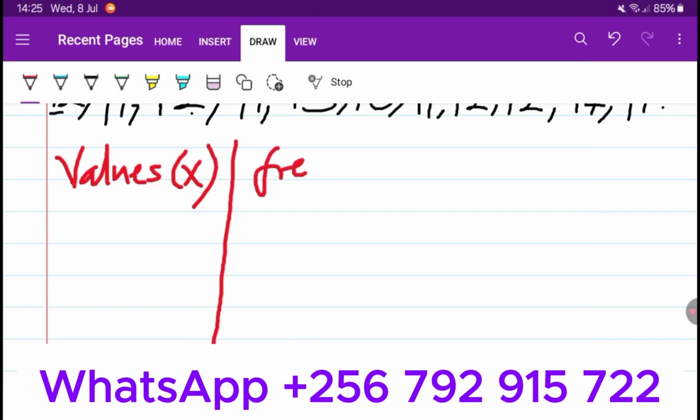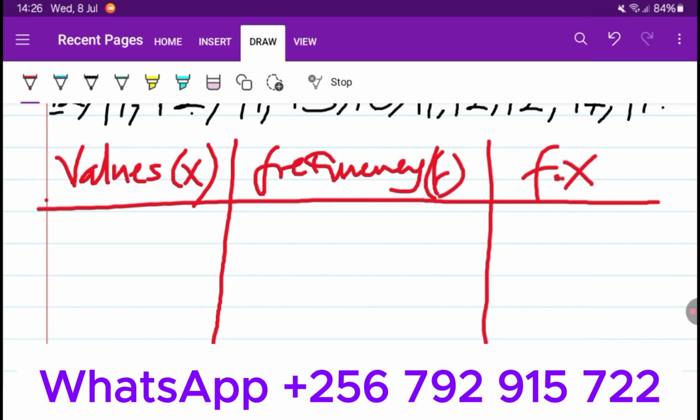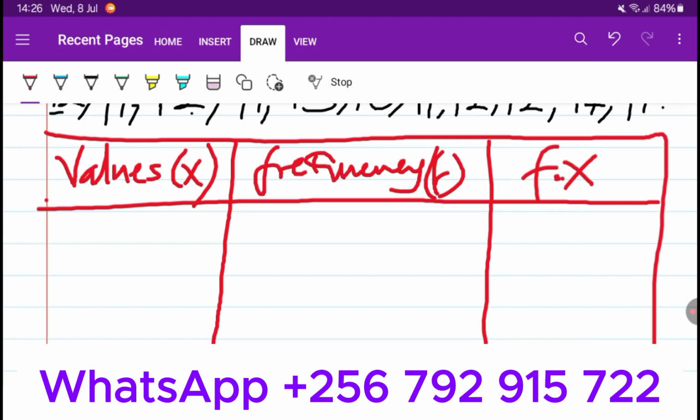Then we put the frequency, and this frequency is going to be our f. Then we put the fx, which is f times x. And we are done. That's the table that we want to draw.